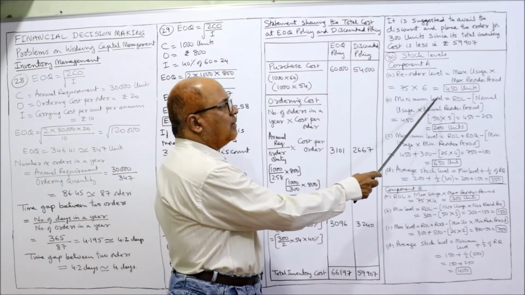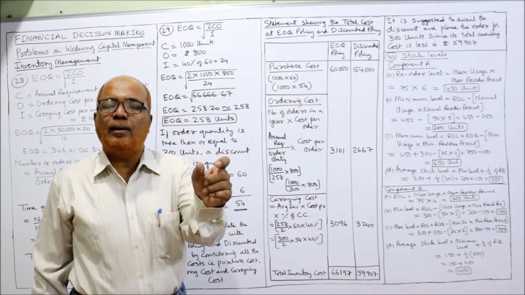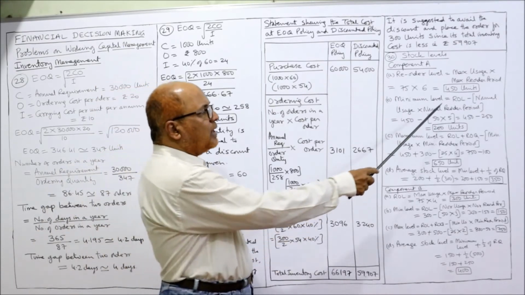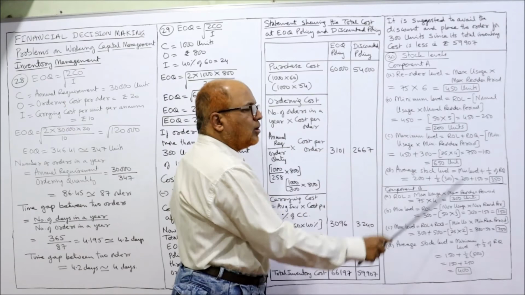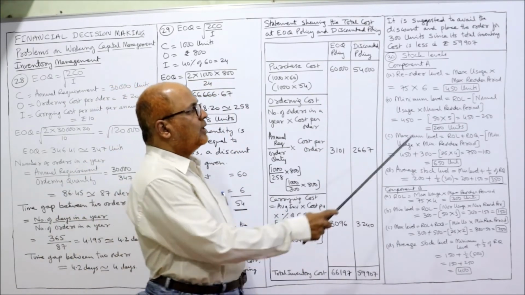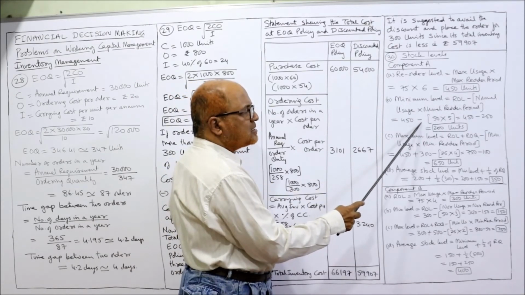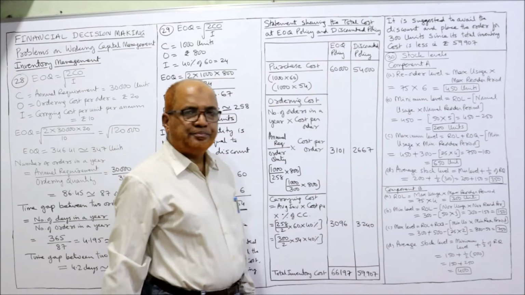Now minimum stock level. The minimum stock level formula is reorder level minus normal usage into normal reorder period. Write down the formulas carefully. Now reorder level already we have calculated, 450 units, minus normal usage.